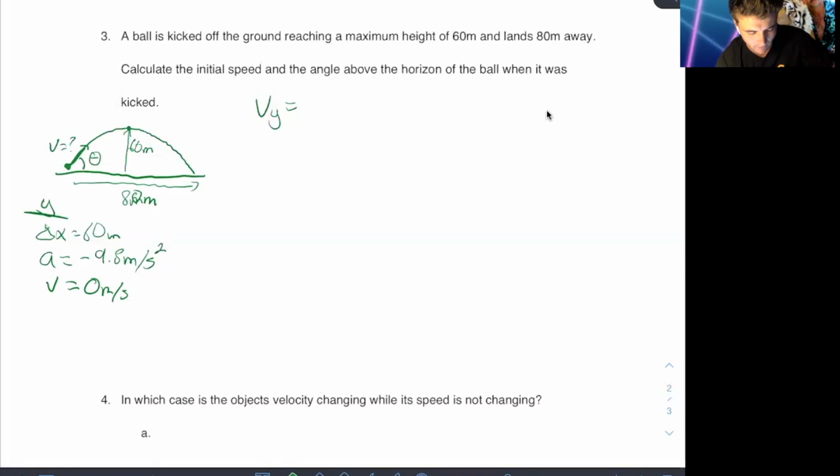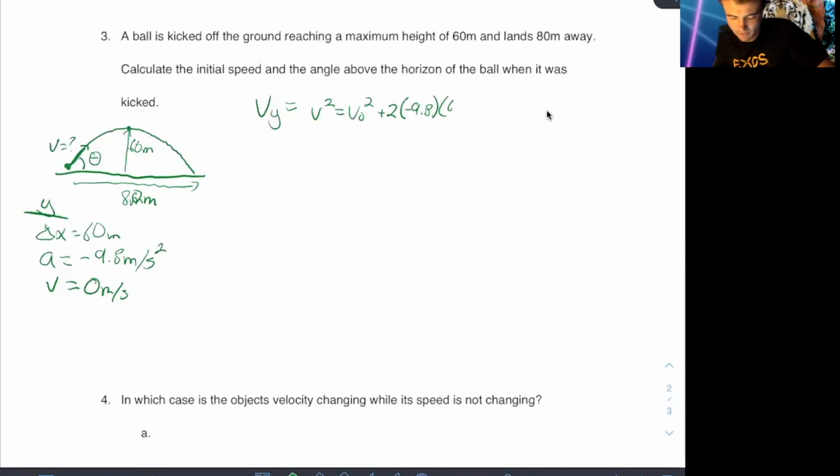So let's do that. We have all the variables that we need. What equation can we use? We can use v squared equals v naught squared plus 2 times negative 9.8 times displacement.